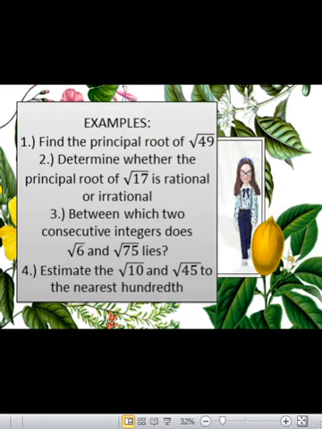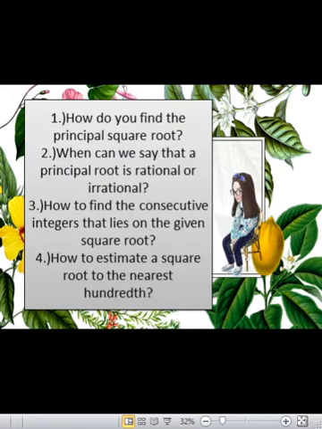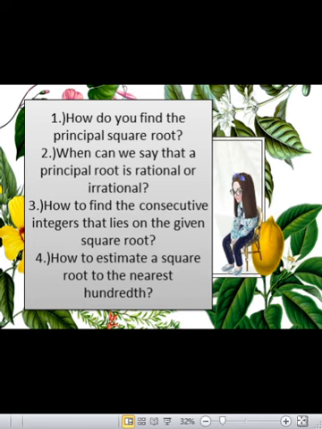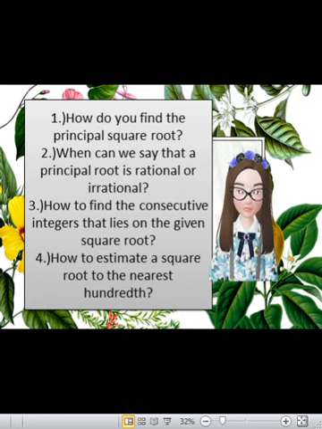Okay, next. After having those examples, here are some questions. How do you find the principal square root? Next, when can we say that the principal root is rational or irrational?